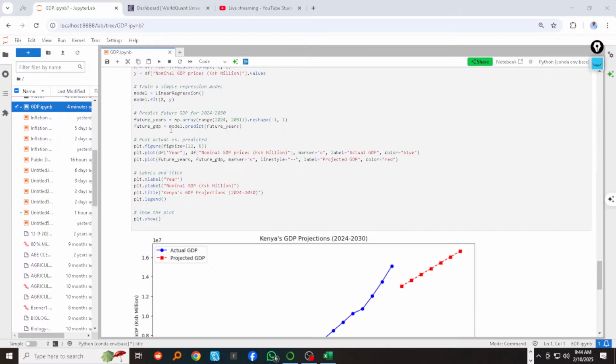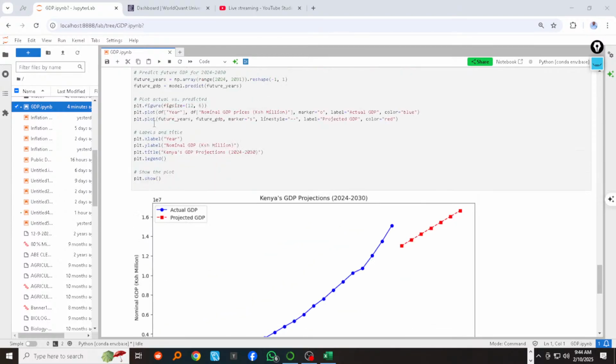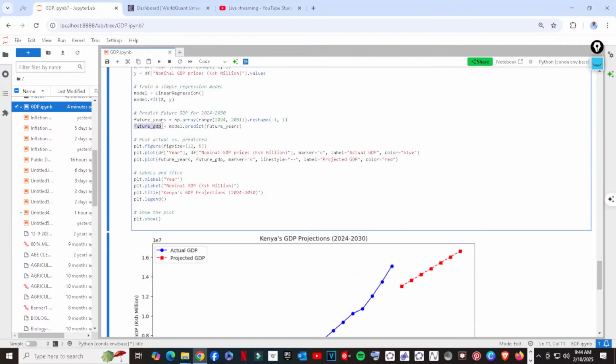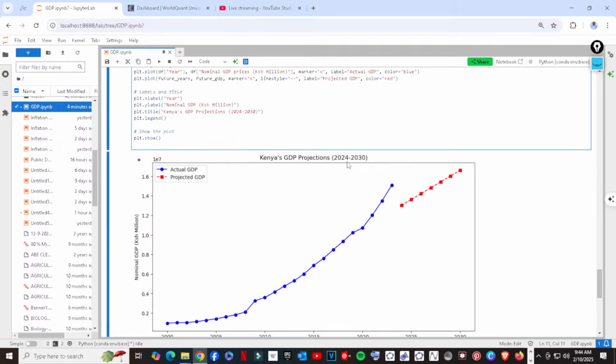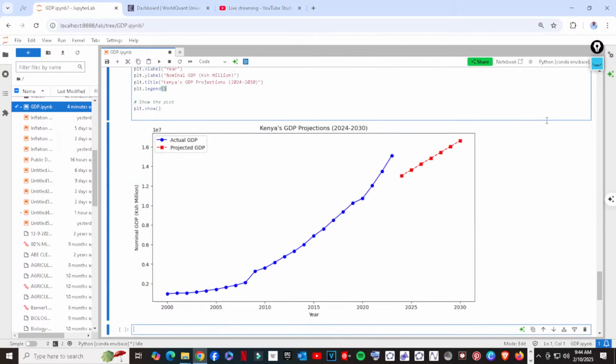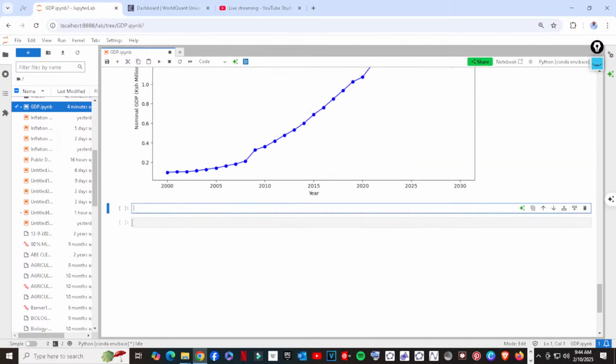So I want to try this. I just want to see something I want to check. So I copy this. Copied. I paste it here. And I'm saying print.